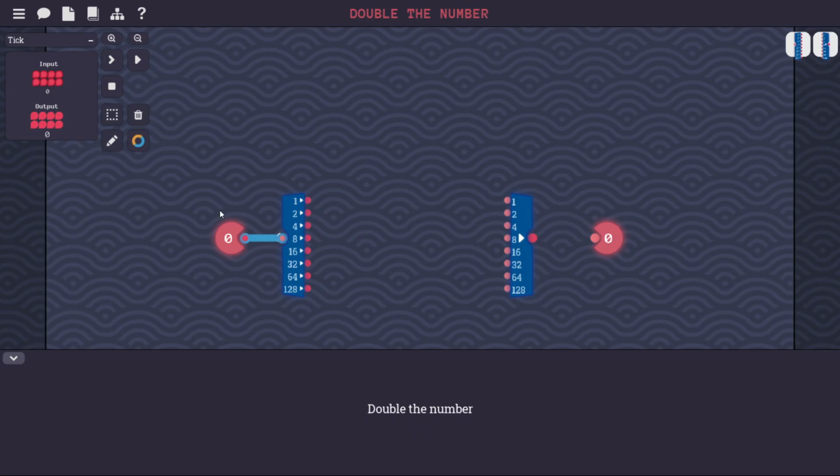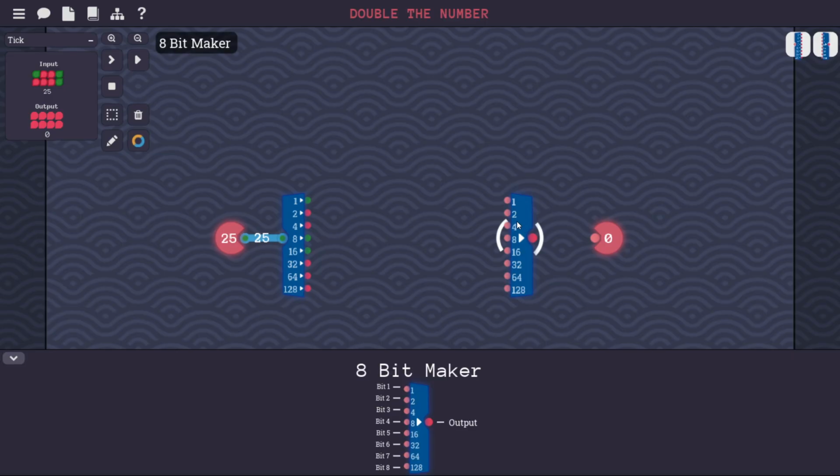That means that if I input any number, let's say 25, we can see the output that we get. This is binary for that 25. It's 0 0 0 1 1 0 0 1.